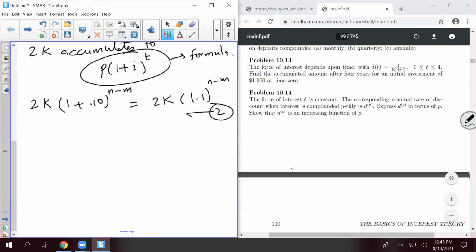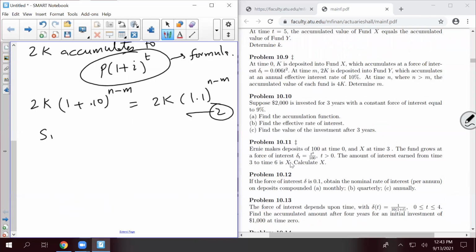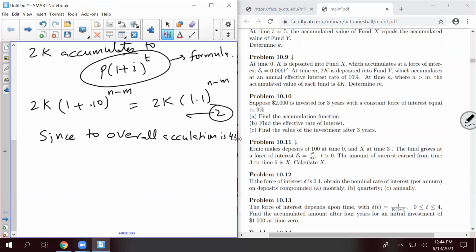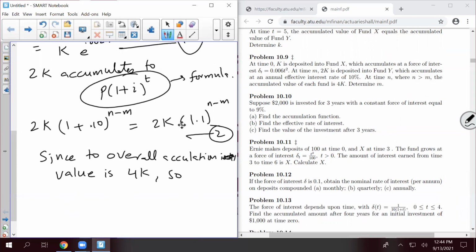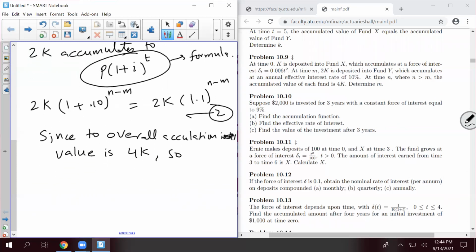So since the overall accumulation value is 4K, the sum of these two has to be 4K. The first one was K e to the 0.002 N cube.